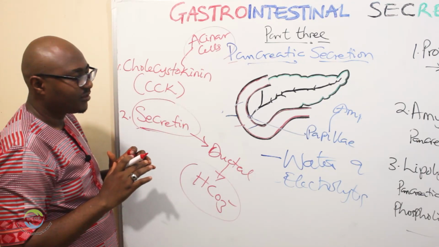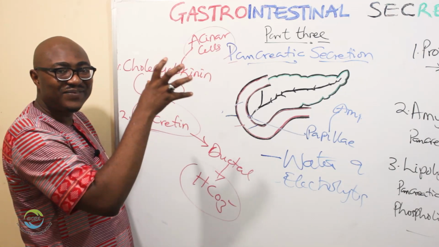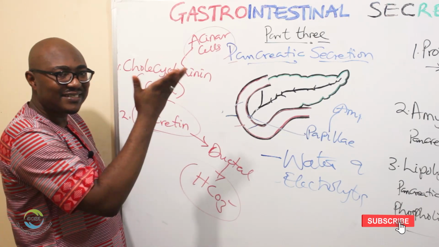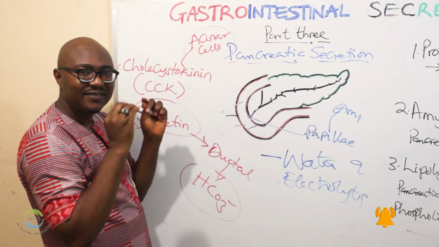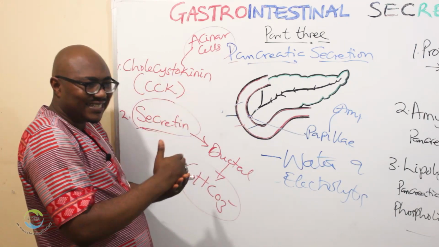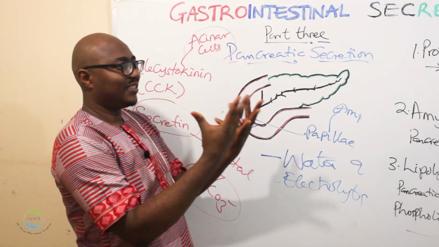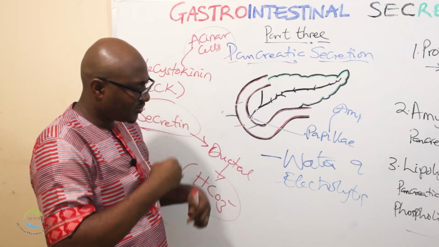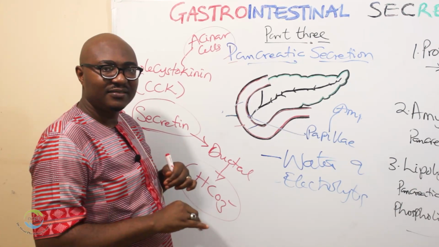Pancreatic secretion also has 3 phases, similar to gastric secretion, but the only difference is their percentage contribution. You have the cephalic phase of stimulation, the gastric phase of stimulation, and the intestinal phase of stimulation. So in other words, through the sight of food, the smell of food, and the taste of food in your mouth, pancreatic secretions start being secreted.